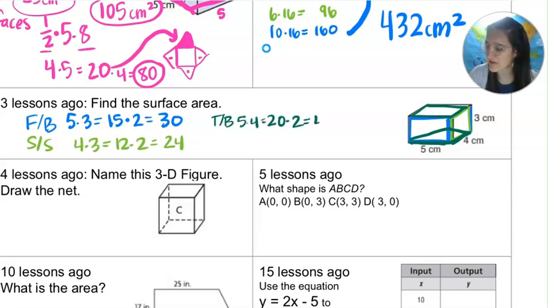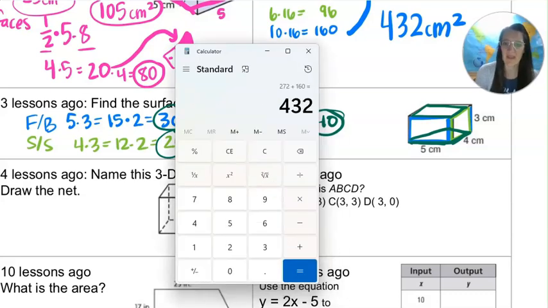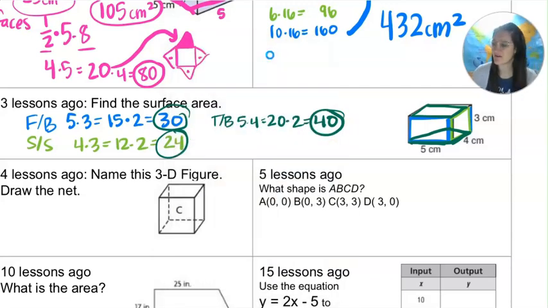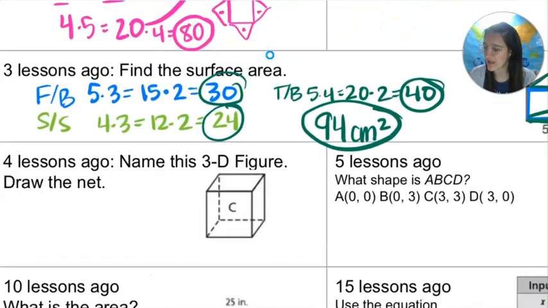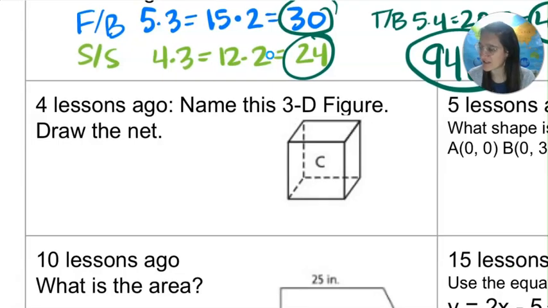Double that for 40. And now I'm going to add all 3 of those together. Get 30 plus 24 plus 40, and I get 94. 94 centimeters squared.